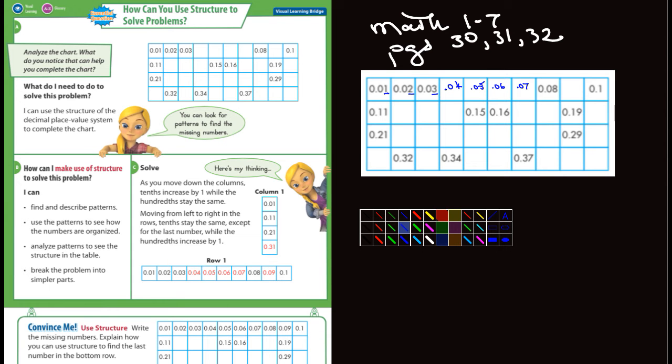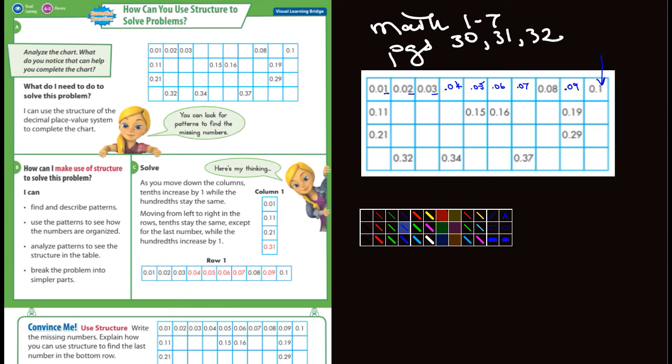They've done the next one for us, 0.08, and then 0.09, and then 1 for the tenths place right here. So you guys should be able to fill that chart out, knowing a place value chart, how the structure of it would work, increasing things by 1/10 or 1/100th or even 1/1000th.